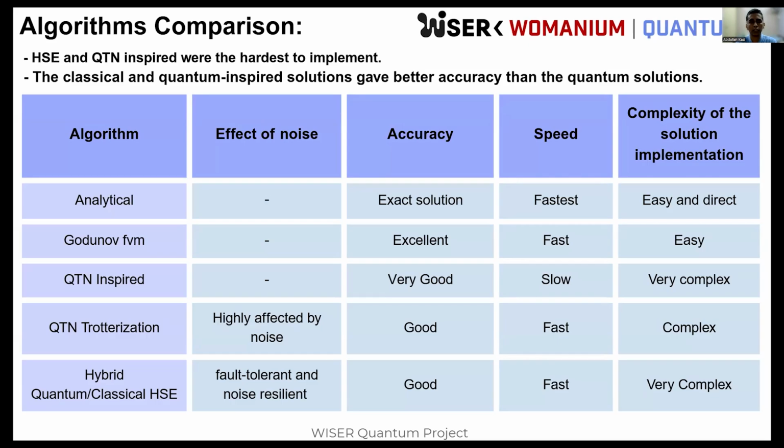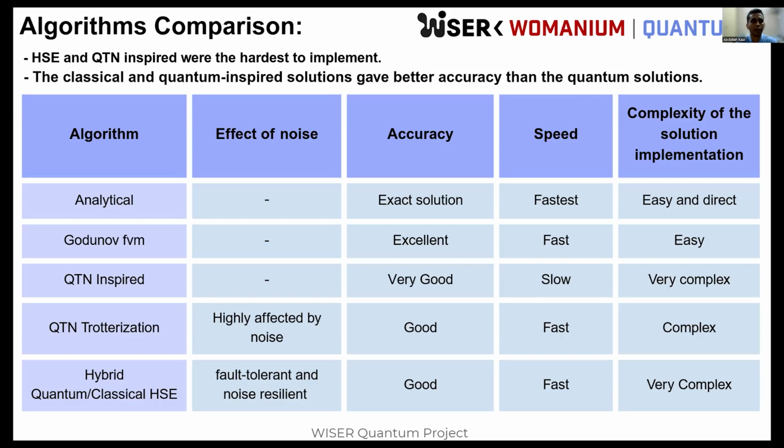We actually had a different approach, HSC plus QTN, but that was also quantum inspired because it takes some concepts from the QTN-inspired one. Okay, so that's the last one, the hybrid between HSC and QTN. Yeah, I think the last one is also fully quantum.